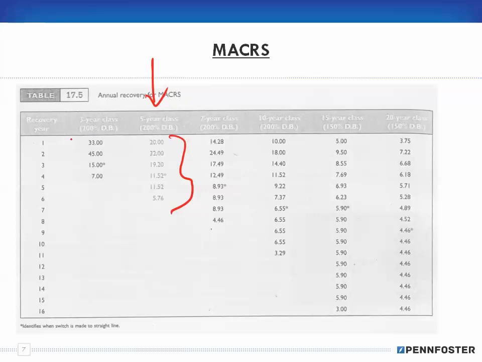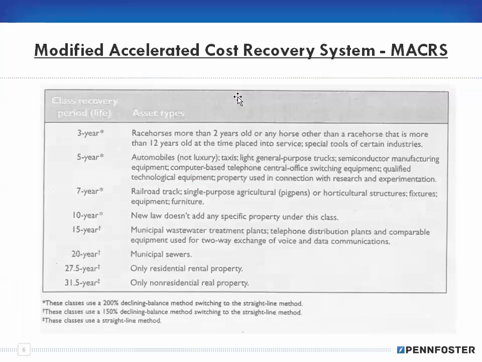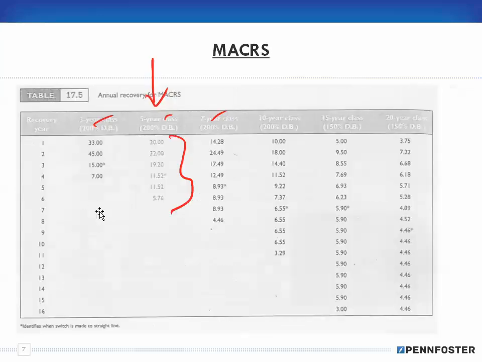Notice that you have 3 years, the 5 years, the 7 years, 10, whatever. They coincide with the useful life from that table. So if we've determined that we're going to use the 5 years, we're going to want to use these rates that are in the 5-year column.